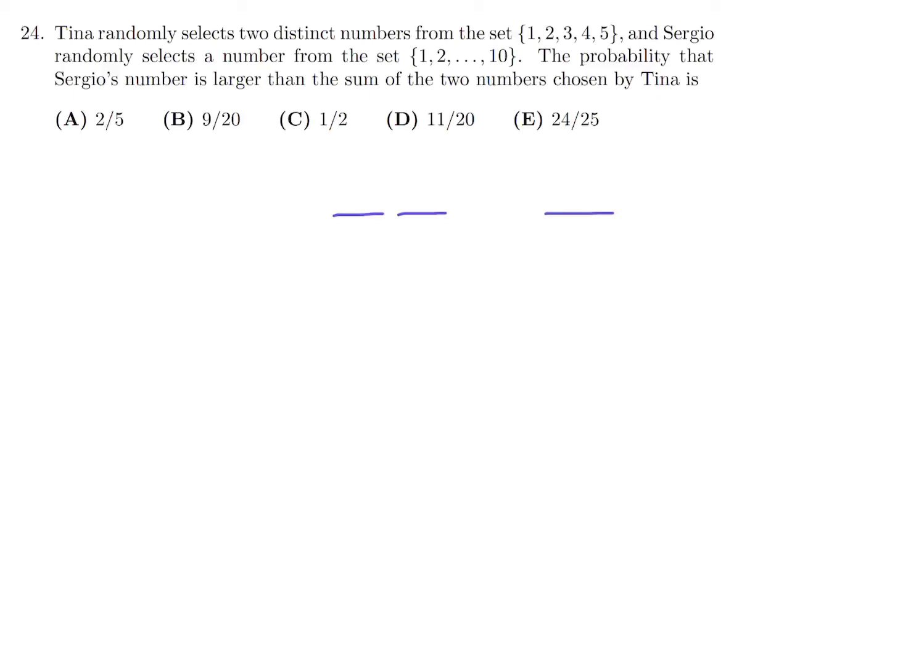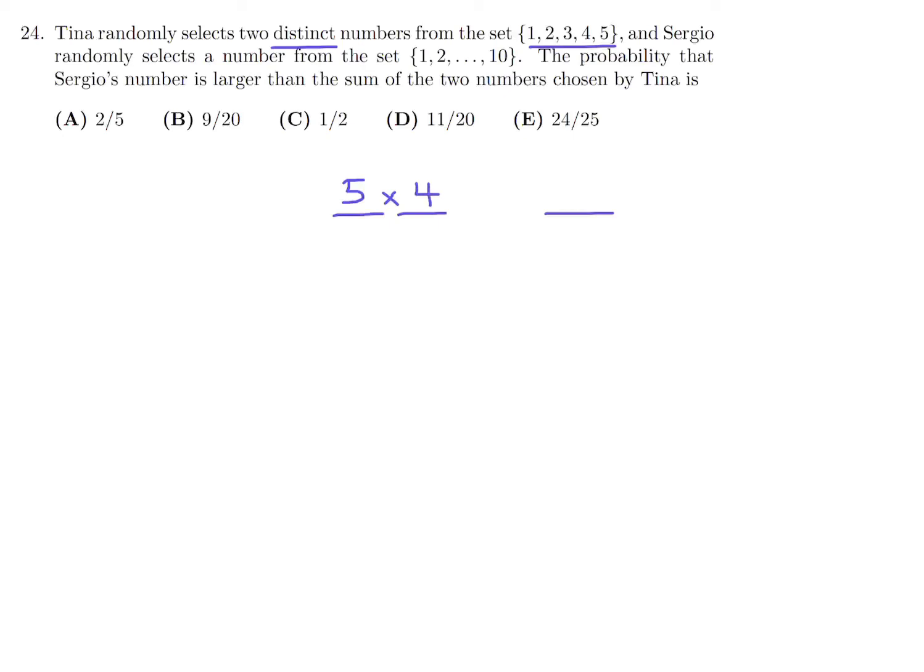Tina has to choose 2 distinct numbers, so the first number, she has 5 possible choices. But the second number has to be one of the other 4. She can't select the same one because the 2 numbers have to be distinct. So for the second number, she's got 4 choices.